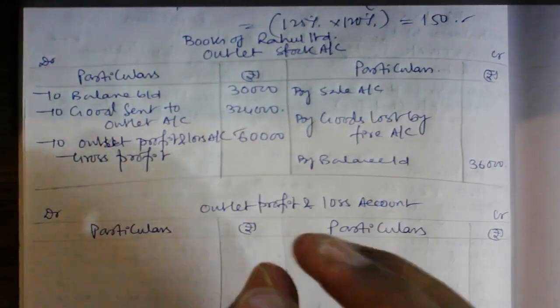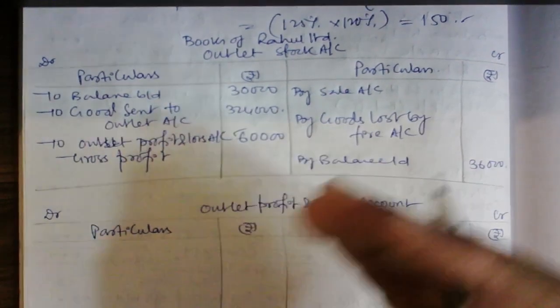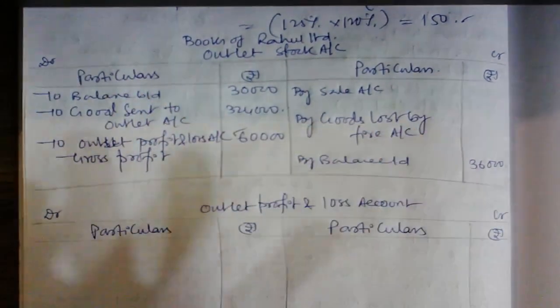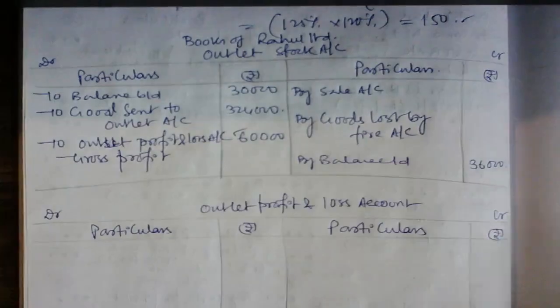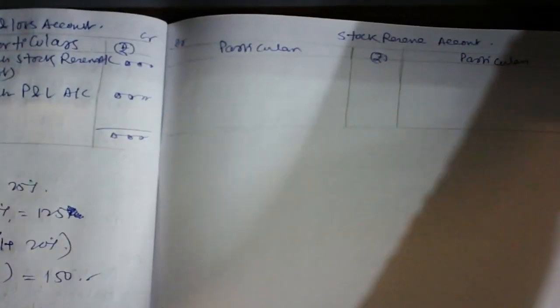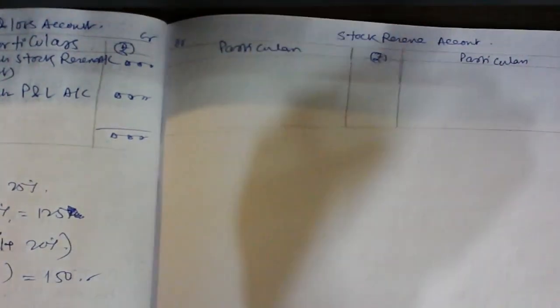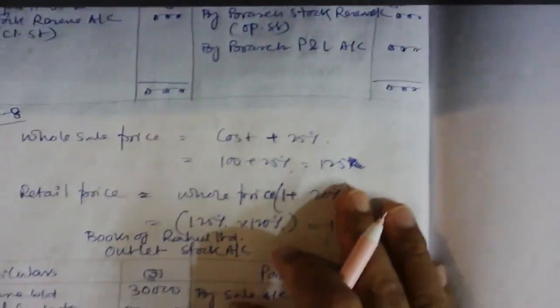If your profit and loss account profit is 60,000, what is this profit of? चलिए मैं आपको समझाता हूँ. देखिए ये बहुत इजी कैलकुलेशन है. Try to understand. If I am going to calculate this, try to understand.